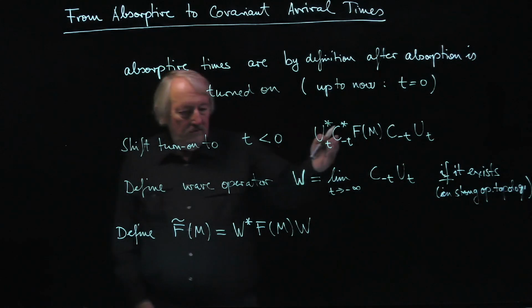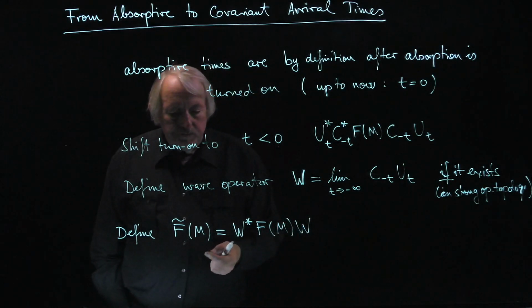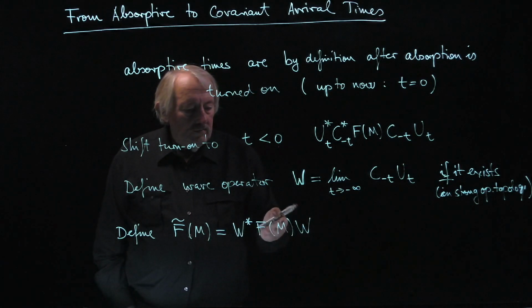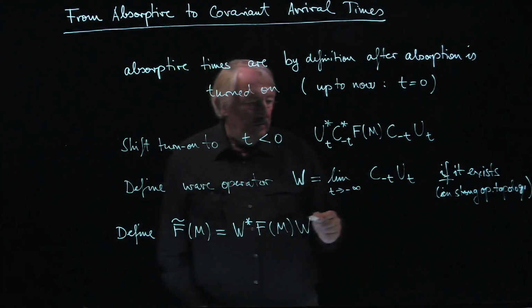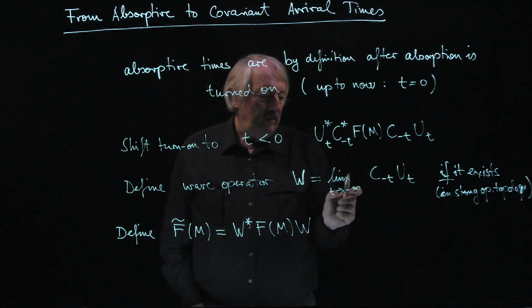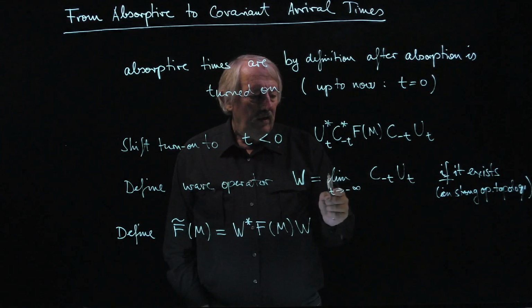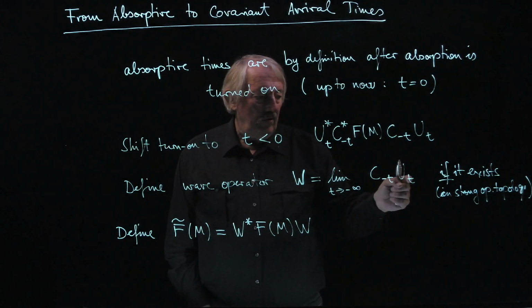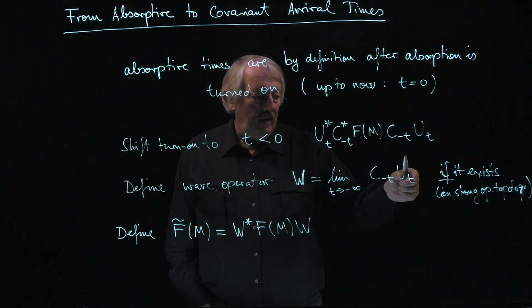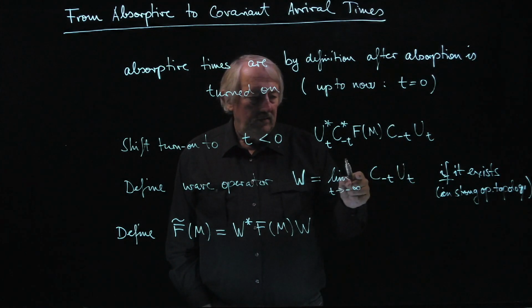And so this is clearly still a positive operator, and now it's defined initially only for positive times, but you can see from this limit that if the limit exists, it doesn't matter whether I change the label a little bit. So I add a time s on that side and subtract it on that side.